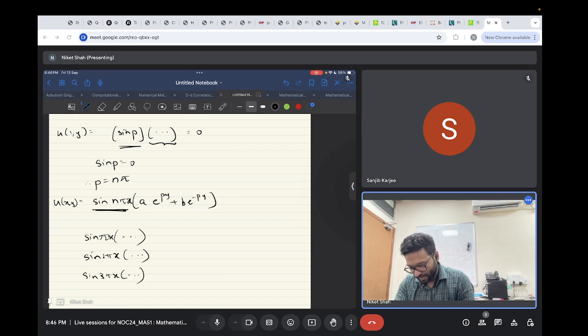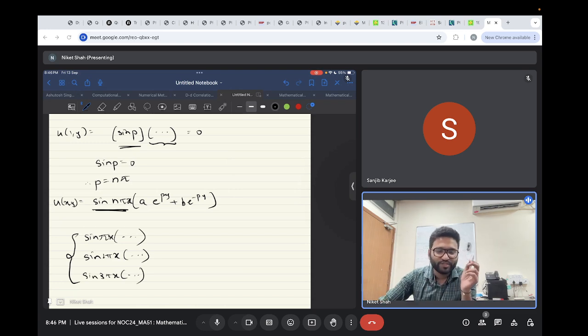So what I'm saying is that I'll take a linear combination of all these possibilities and write it as a Fourier sine series, with the exponential part staying intact. By writing it as a Fourier sine series, I will be able to simulate any boundary condition, any function on the boundary.